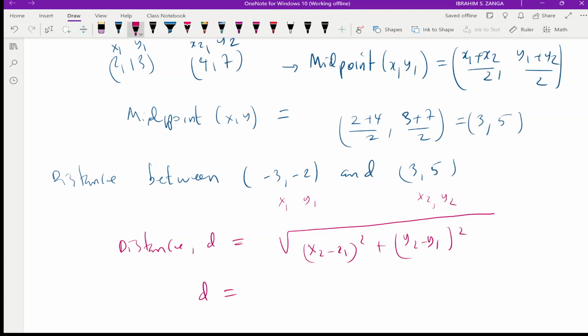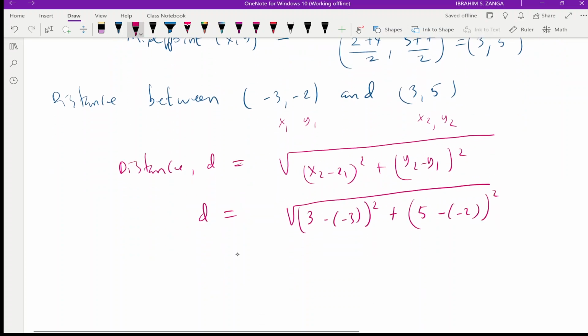So distance d will be the square root of, let me take x first, 3 minus negative 3 in the bracket squared plus 5 minus negative 2 squared.